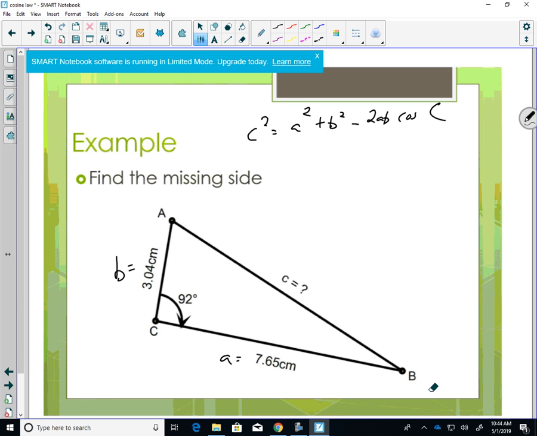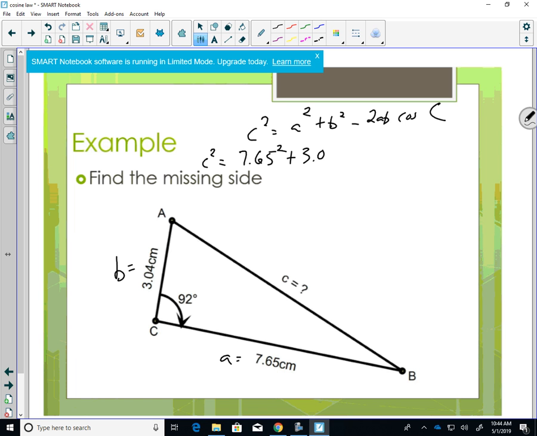Okay. Give yourself lots of space because we're going to write big numbers here. c squared equals a squared, which is 7.65 squared, plus b squared, which is 3.04 squared.